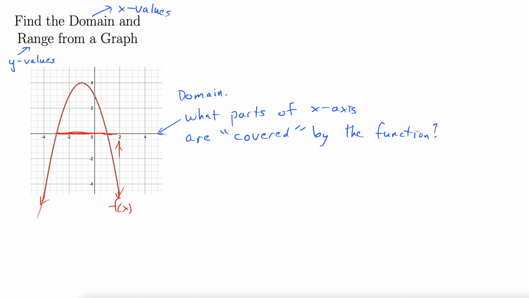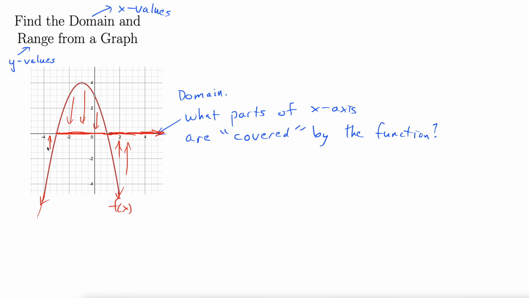Let's imagine squashing this function down onto the x-axis and asking ourselves which x values would be covered. So this goes off infinitely wide here to the right. So if we just kept squashing down, we would get all of these x values covered. And it would just keep going and going and going. Same thing with over here to the left.